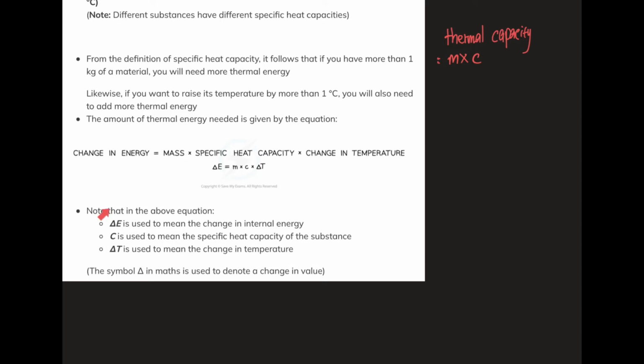Note that in the above equation, delta E is the change in internal energy. If you are wondering what internal energy is, it is what we discussed before. It is the kinetic energy plus the potential energy of the particles, KE plus PE.